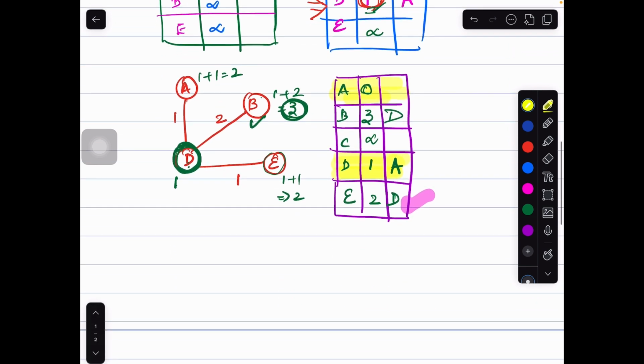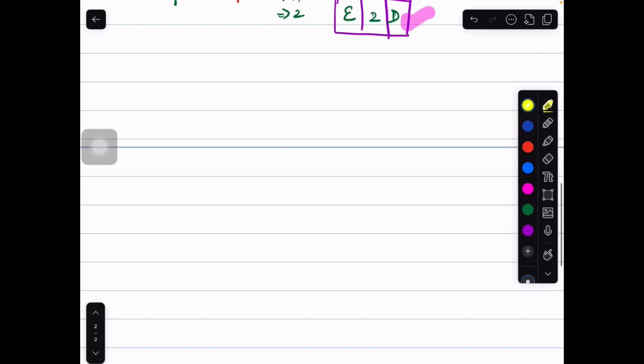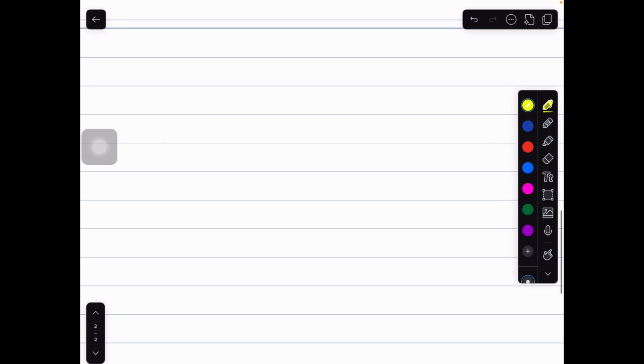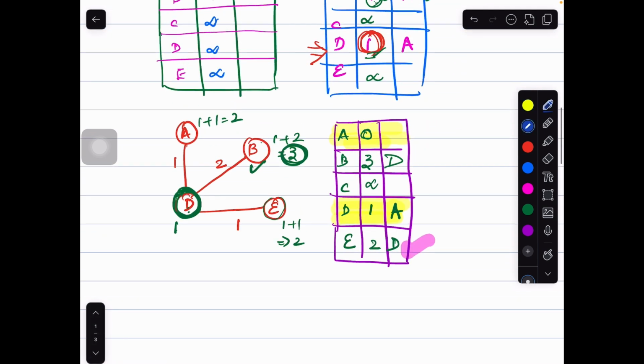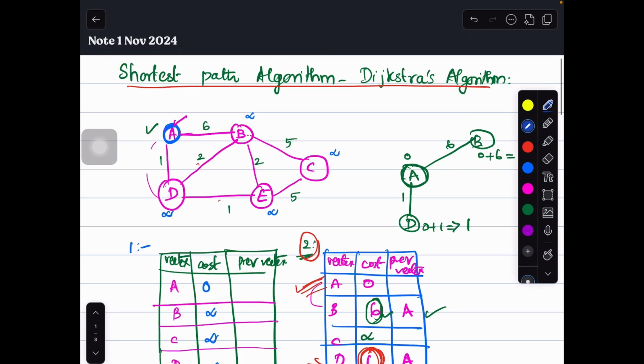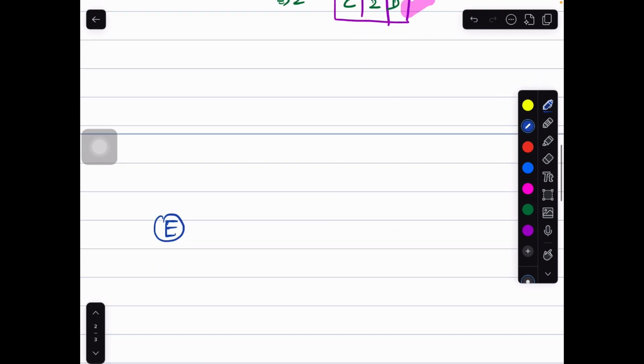So for node E, we'll draw the graph first. So this is node E. And what are its neighboring vertices? So neighboring vertices are D, B and C. So let us just take out this and draw it again.